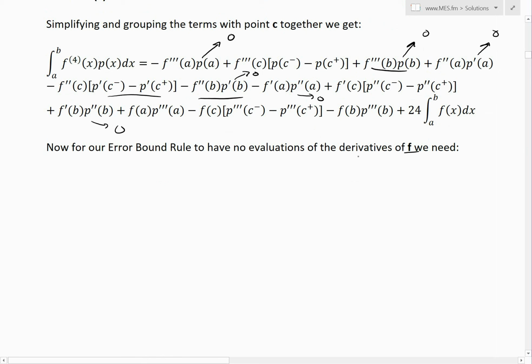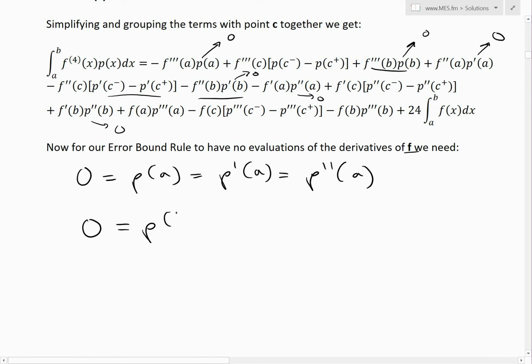So what we're trying to say is we have to make 0 equal to p of a, that's this one, and the first derivative of p of a, that is over here, that's the 0, and then this equals p of a as well. So we have to impose that this all equals 0, and also for the p of b side. P prime of b, that's up to here, and then over here.